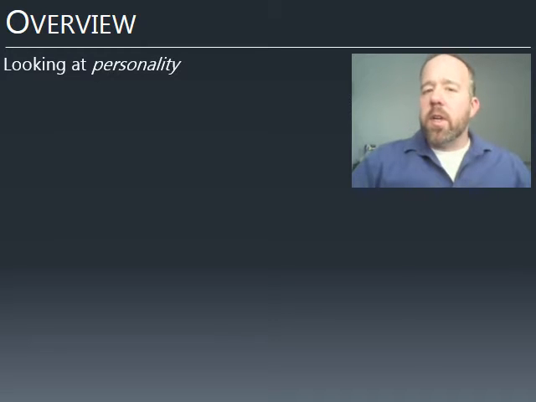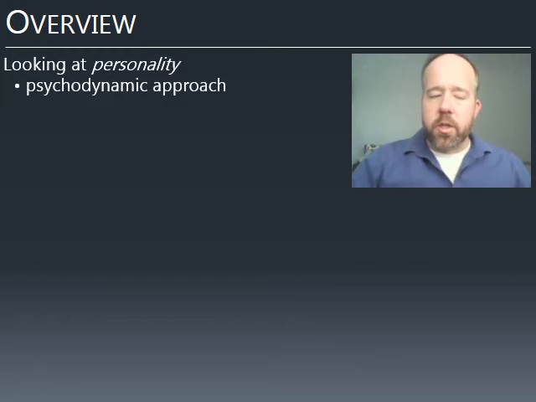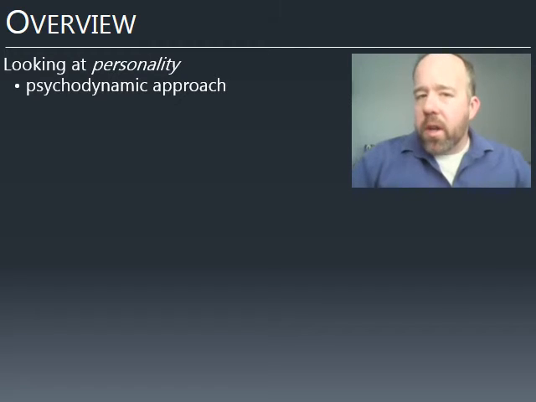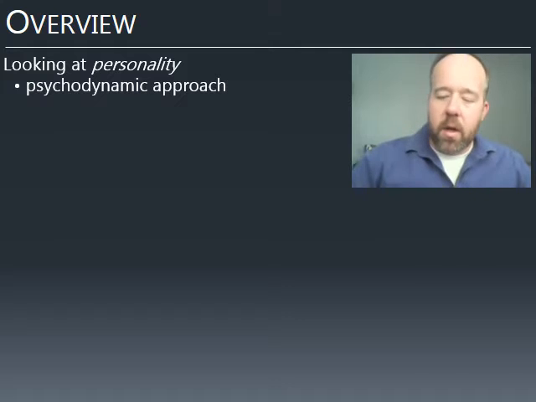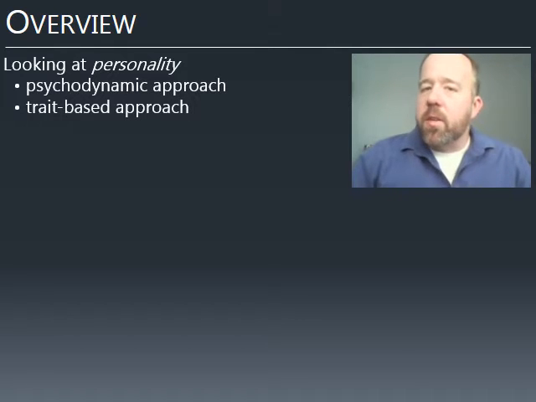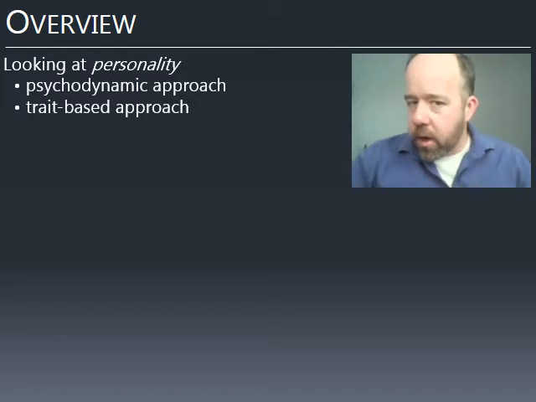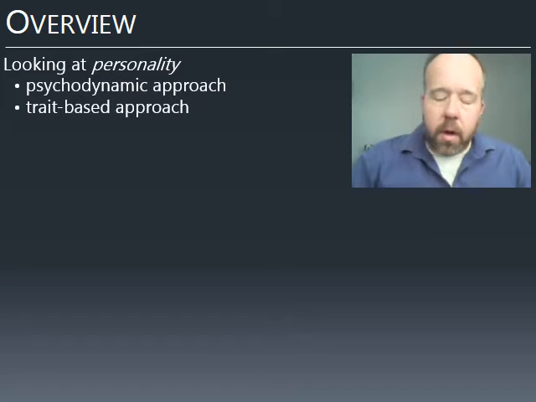So what we're going to do is look at personality in the next two lectures. We'll focus on two different approaches this time. One is the psychodynamic approach, which was founded by Sigmund Freud, arguably the most famous psychologist in history. And then we'll also look at a slightly different approach, a more modern approach, and frankly a more popular one, and that is the trait-based approach.